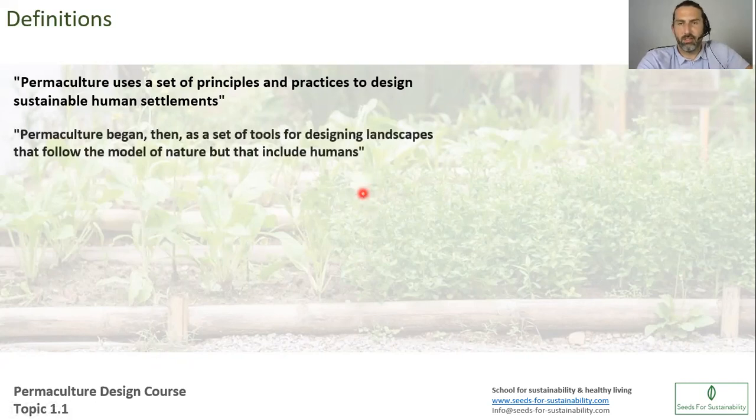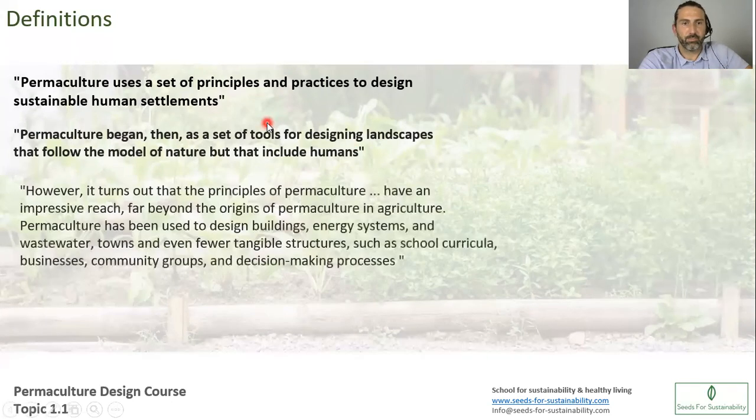So now let's look at the next one. Permaculture began then as a set of tools for designing landscapes that follow the model of nature, but that include humans. Again, stressing the fact that human beings are included. Now we're designing landscapes. We are intervening by using a set of tools. So this is for me here the most striking point.